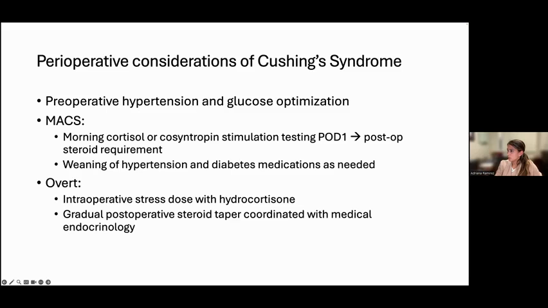Patients with overt hypercortisolism, I will routinely give intraoperative stress dose steroids with hydrocortisone, ideally within 1 hour of the division of the adrenal vein to combat the expected adrenal insufficiency of the suppressed contralateral adrenal gland. These patients subsequently go home on a gradual steroid taper with short follow-up with their medical endocrinologist.